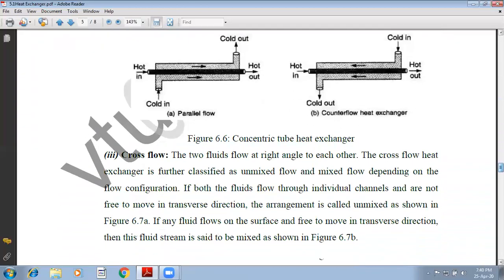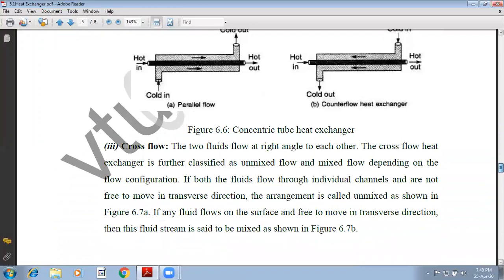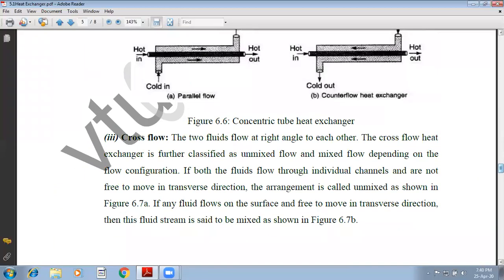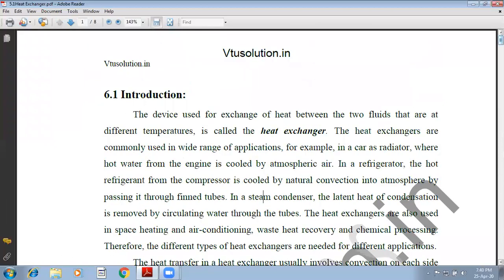One more type of flow could be cross-flow heat exchanger, wherein the two fluids meet in transverse direction.